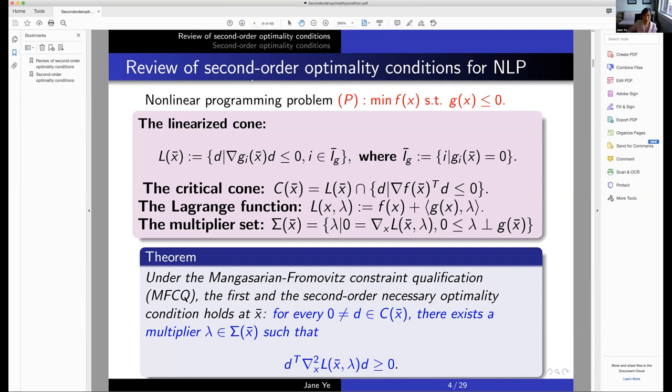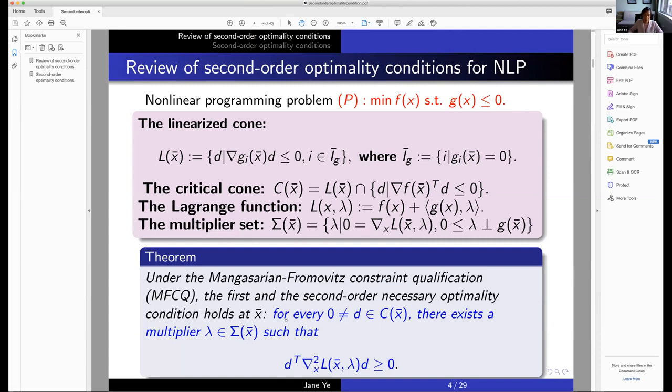First, let's review the second order optimality condition for nonlinear programming. This is the linearization cone, which is just the linear approximation of the tangent cone. Then the critical cone is the intersection of the linearization cone with this, the directional derivative of F at x bar in direction d being less than or equal to 0. And this is the Lagrangian function and the multiplier set.